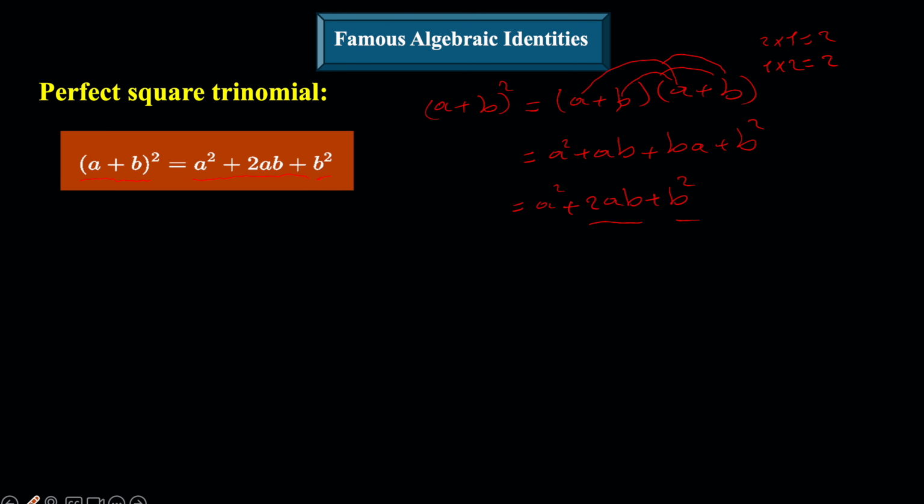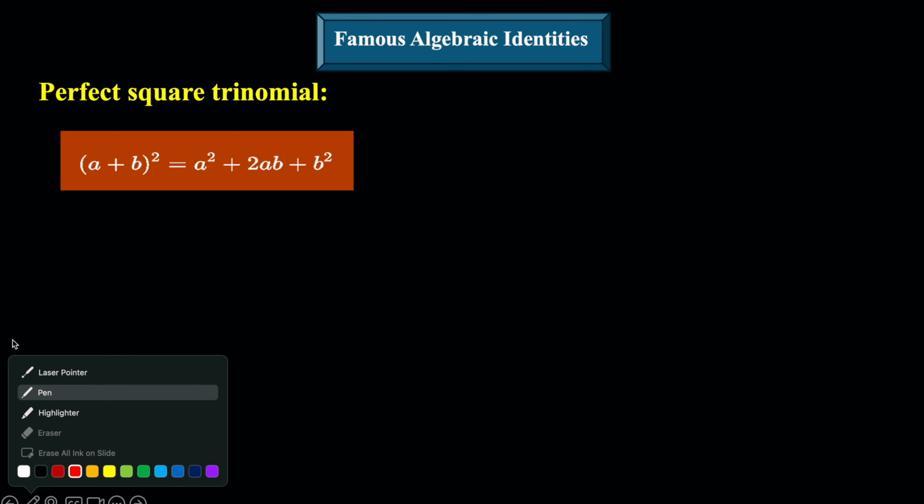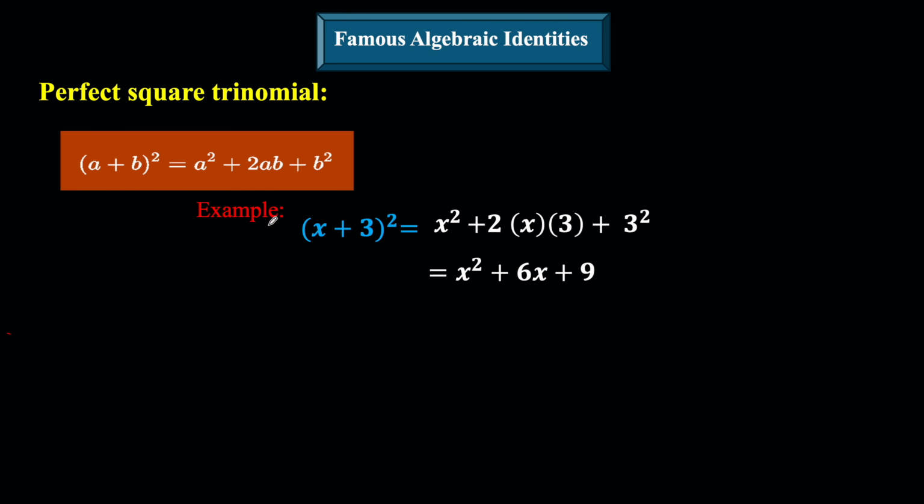Okay, so let's see one example. (x plus 3) squared is equal to, we said we take the square of the first one, so x squared plus 2 multiplied by ab.